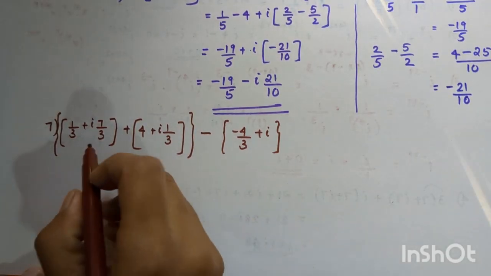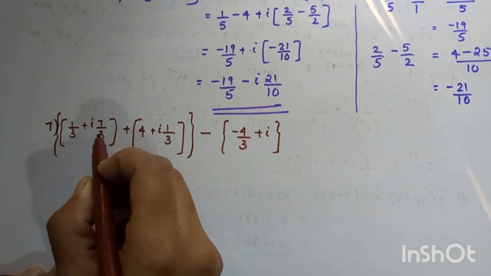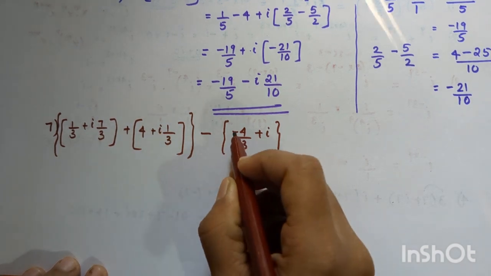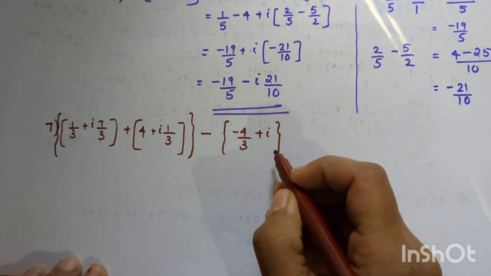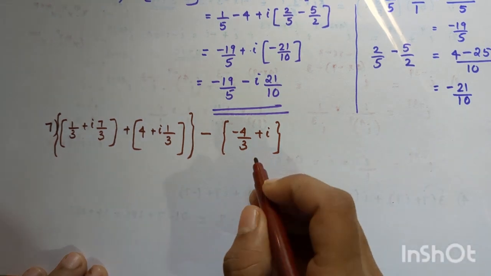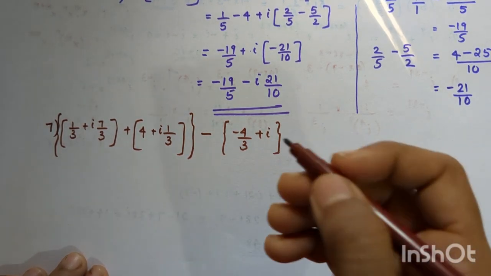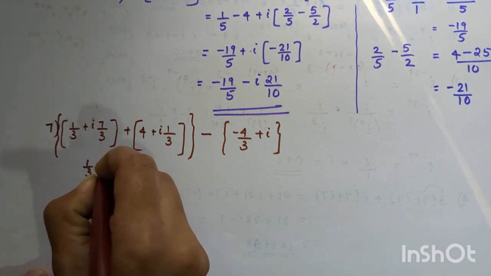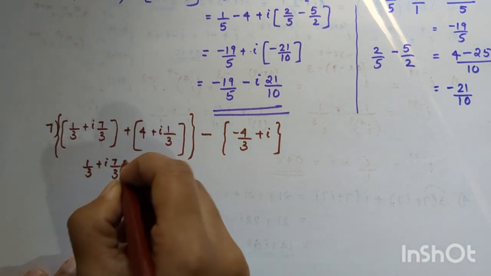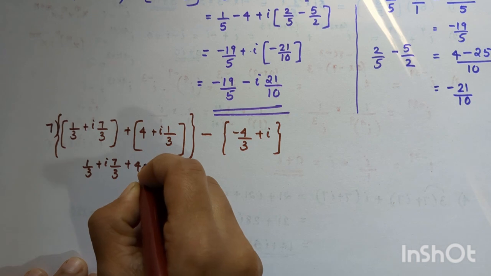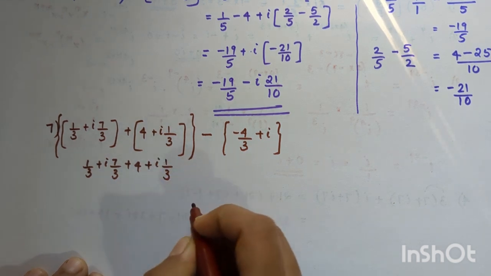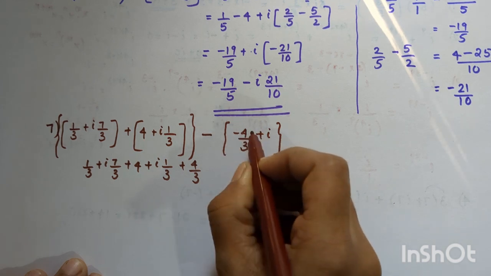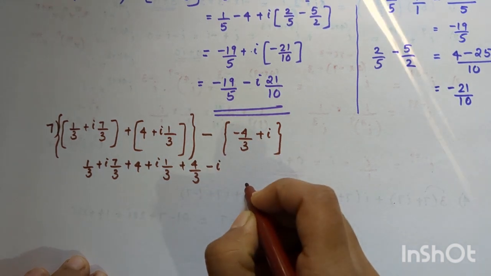Now the seventh one. 1 by 3 plus i into 7 by 3 plus 4 plus i into 1 by 3 minus 4 by 3 plus i. We just want to open the bracket. It is also very simple. So this can actually be written as 1 by 3 plus i into 7 by 3 plus 4 plus i into 1 by 3, then minus into minus plus 4 by 3, minus into plus minus i.